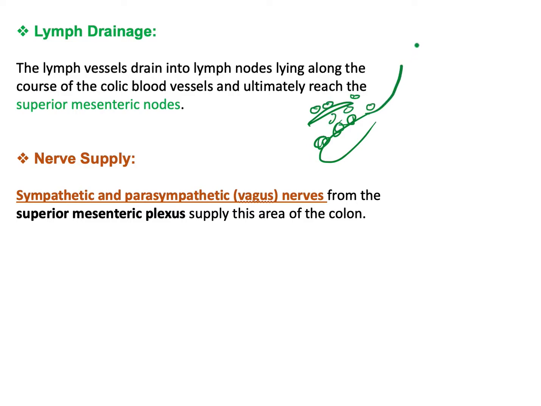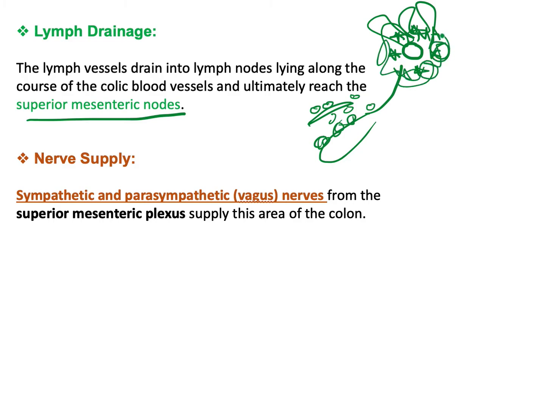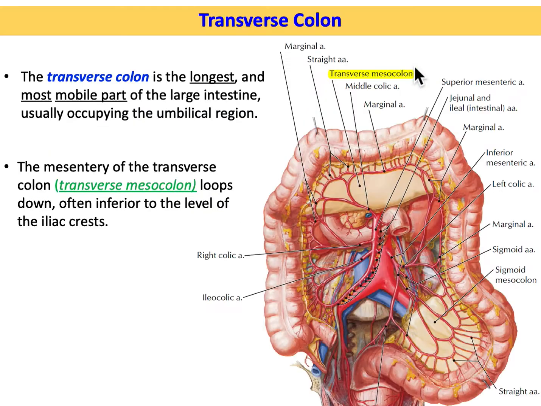Ultimately, they will drain to the lymph nodes close to the source of the arterial supply, which is the superior mesenteric artery, and here you have the lymph nodes around the superior mesenteric artery. We call them superior mesenteric nodes. Very simple to remember. Nerve supply comes from the sympathetic nerve plexus around the superior mesenteric artery. We call it the superior mesenteric plexus, and the parasympathetic, of course, comes from the vagus nerves.